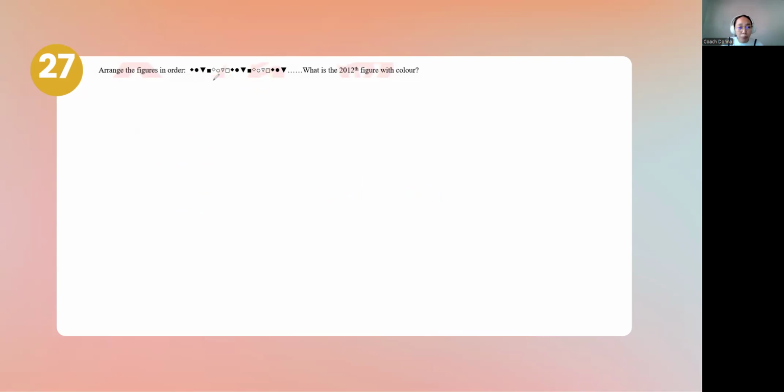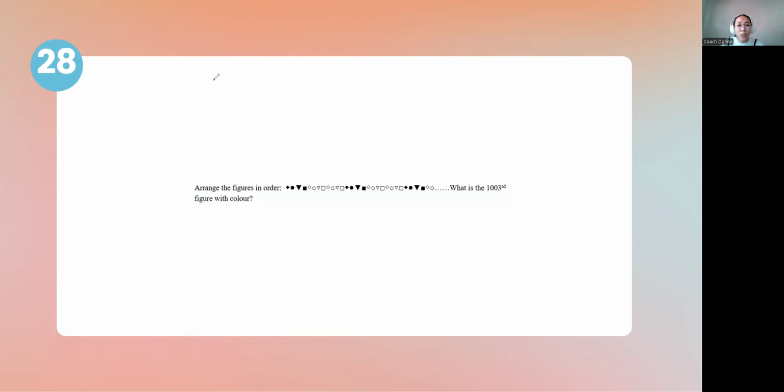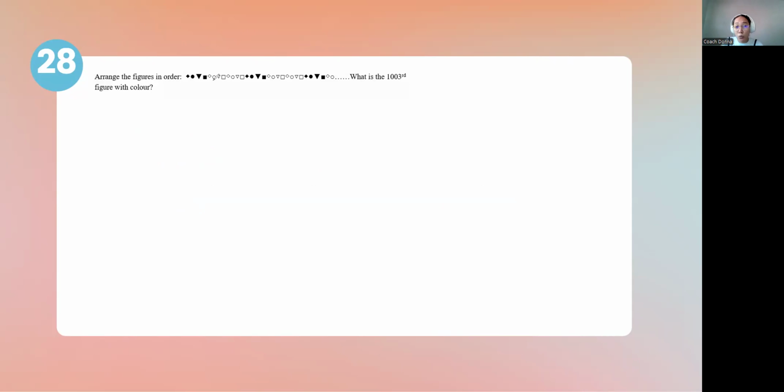Okay, for number 28, we have this question. This time, what is the 1003rd figure with color? So it's actually the figure and the color we're asked for in this one.